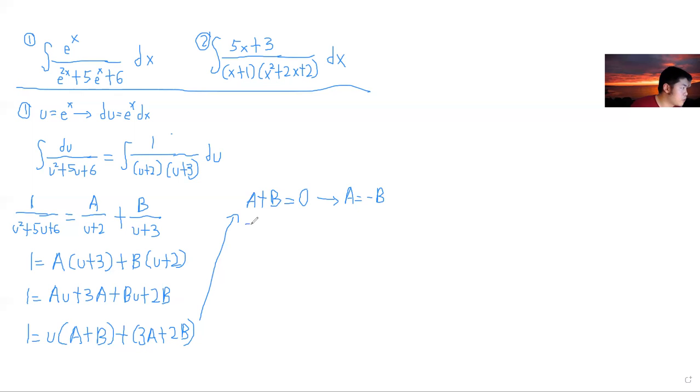They're supposed to have the same coefficient. 3a plus 2b is equal to 3a minus 2a, which equals 1. So from this, a is 1 and b is negative 1.